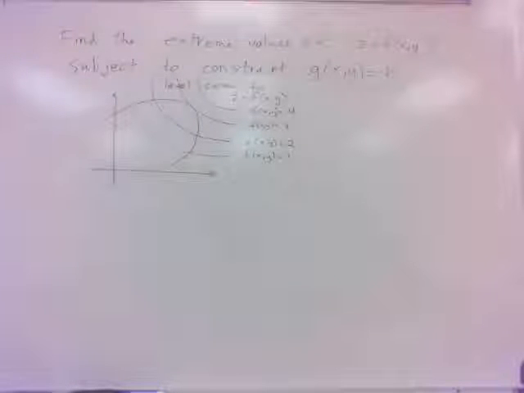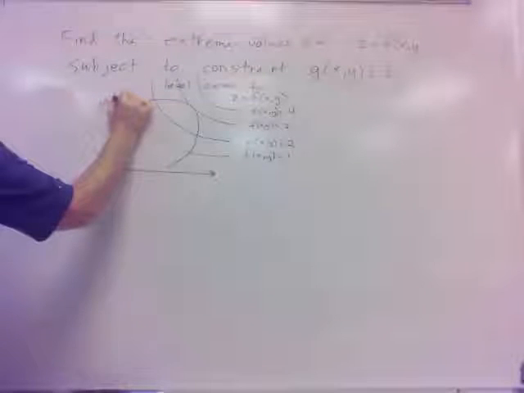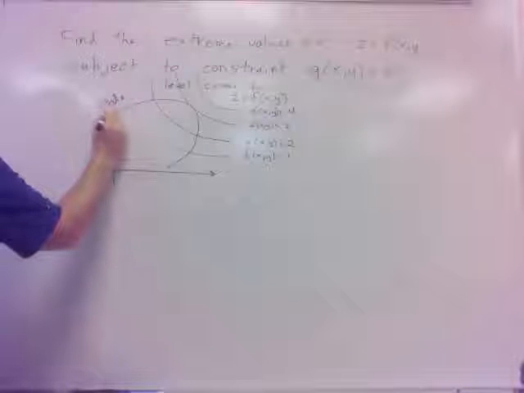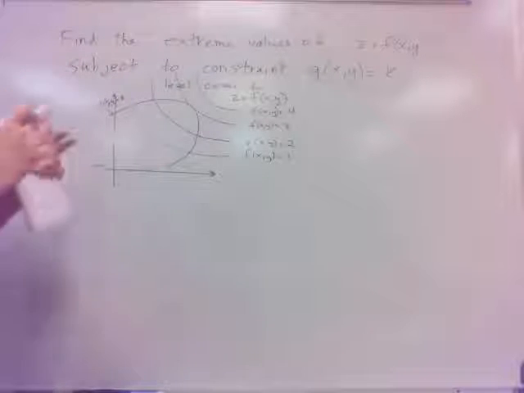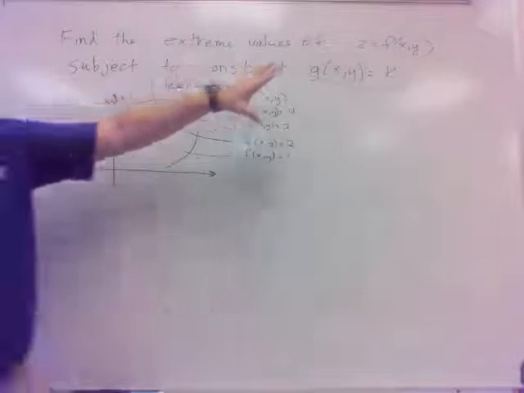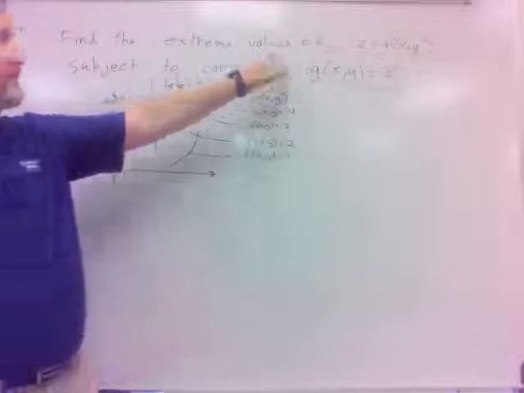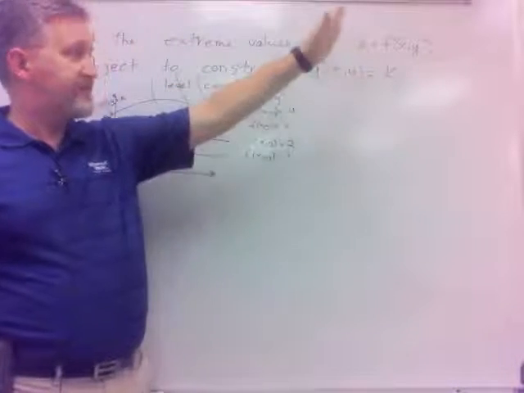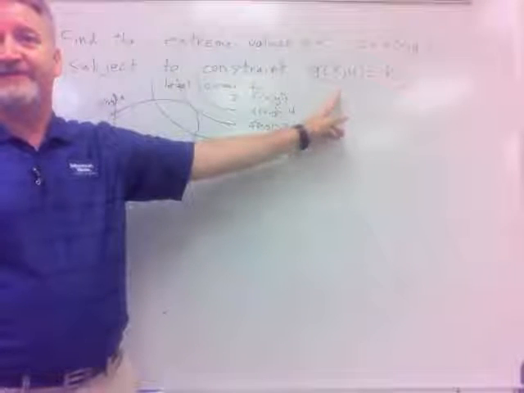So the question is, is there an extreme value we can determine based upon that? So this is g of x y equals k. So basically what this says is I need an x comma y, or I need to find the extreme value at a particular x comma y for f that also satisfies this function.